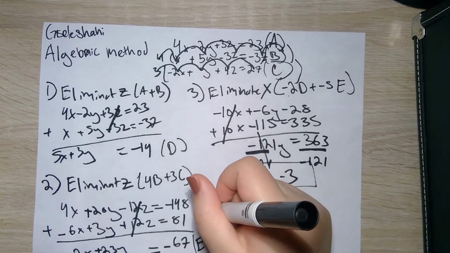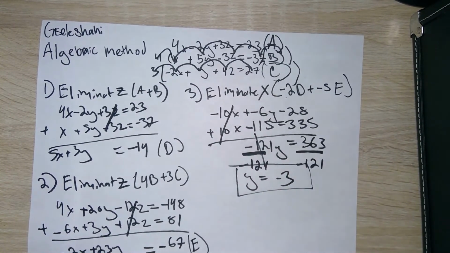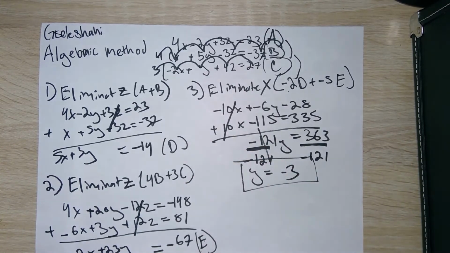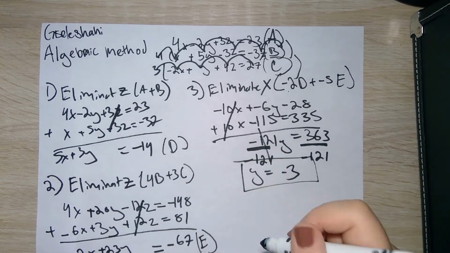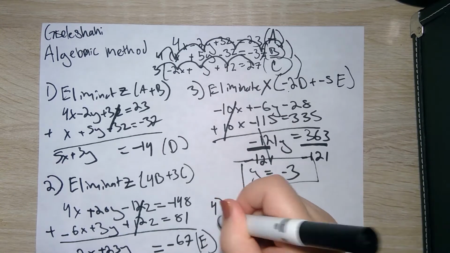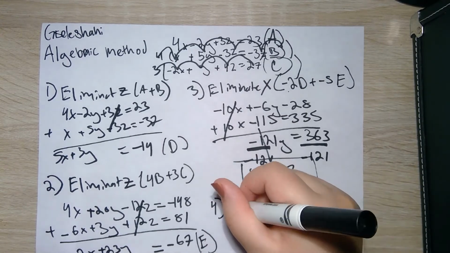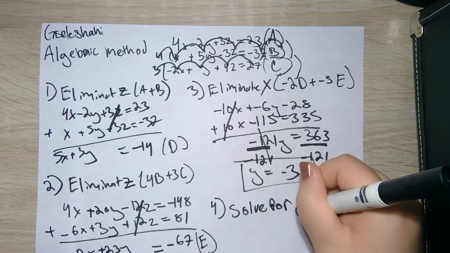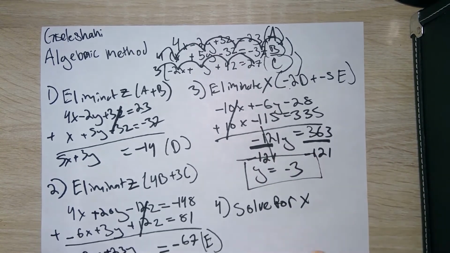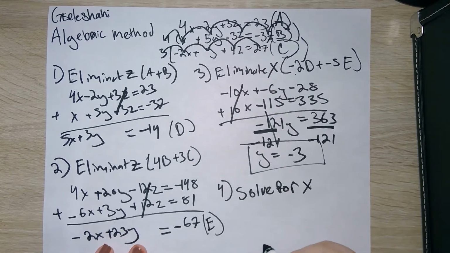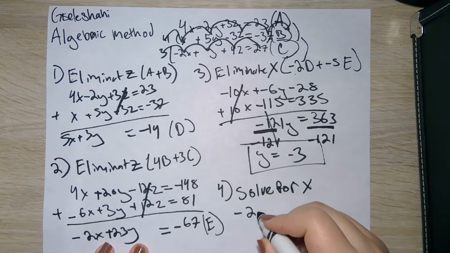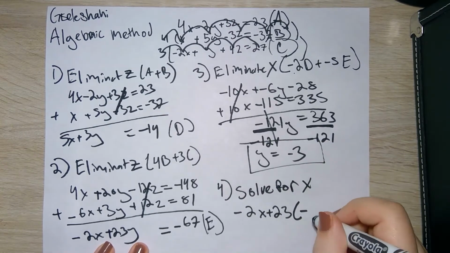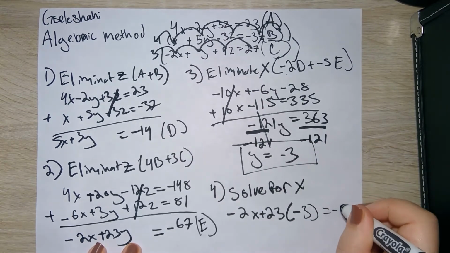So now step 4, since I have y, I want to solve for x or z. I'm going to solve for x first. It does not matter what you solve for, just personal preference. So we have step 4, and I'm going to solve for x. And then you're substituting: -2x plus 23, substituting the -3 for the y, equals -67.